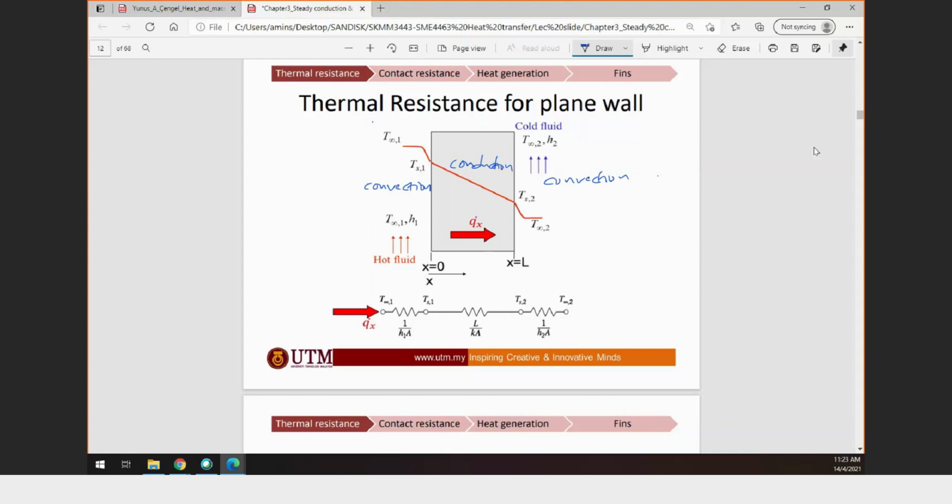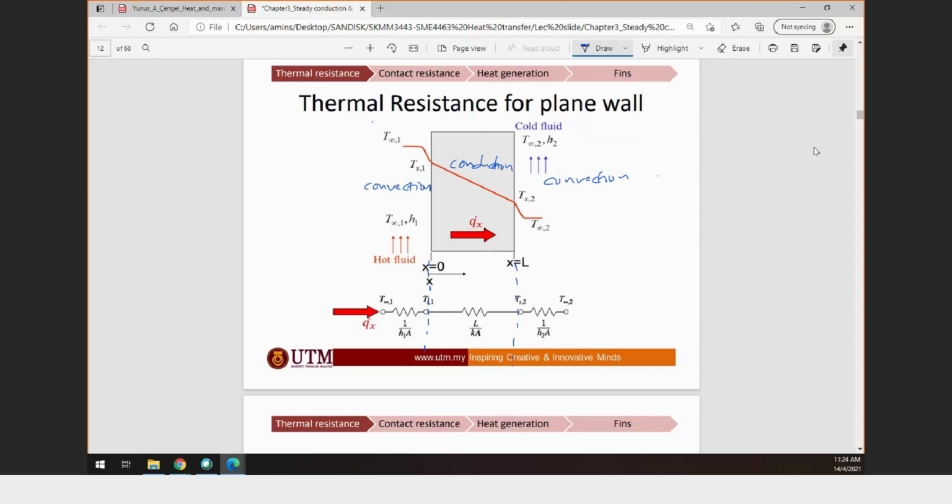If we want to indicate the thermal resistance using the concept of resistance, we call it a thermal resistance diagram.